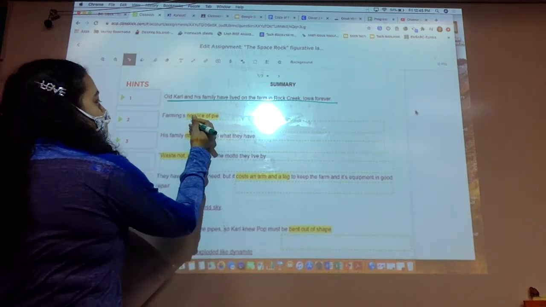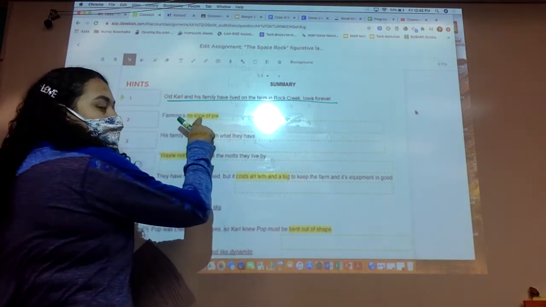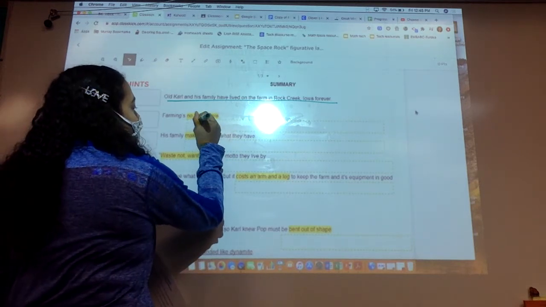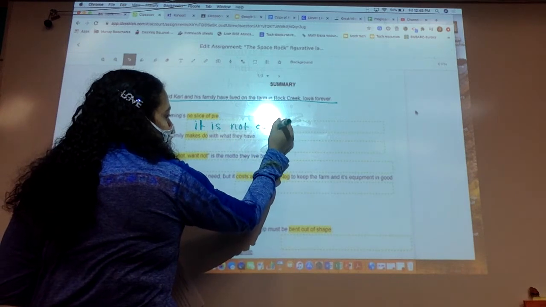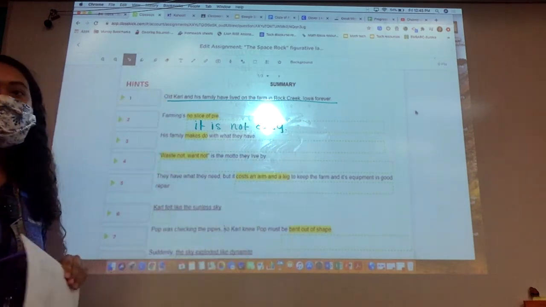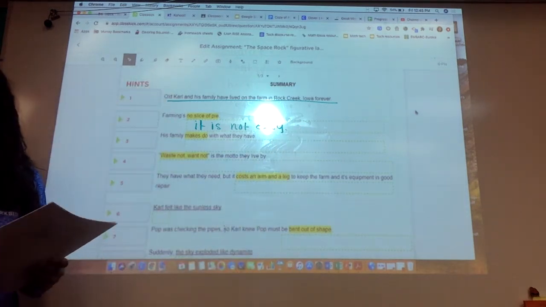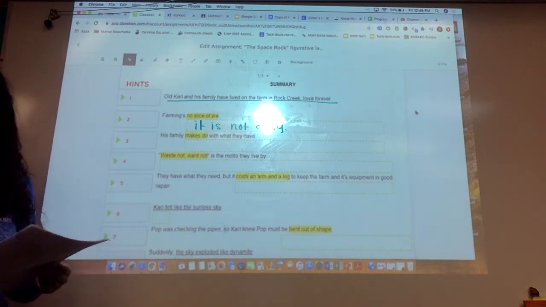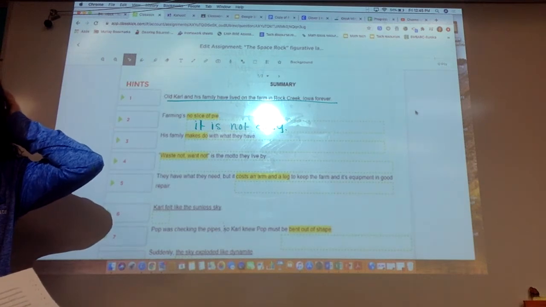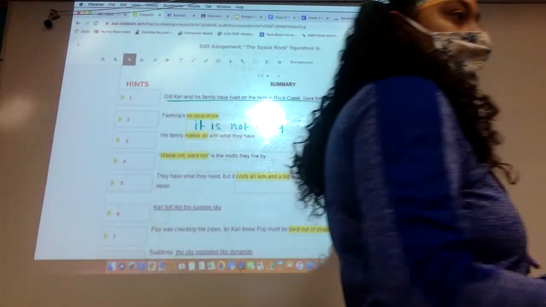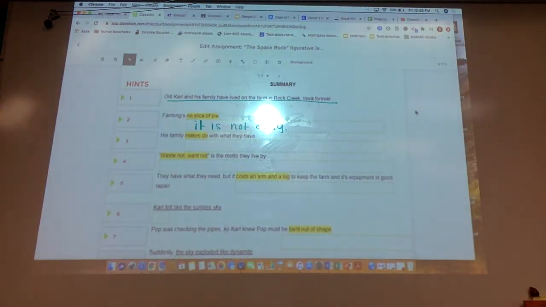It says no slice of pie. Okay, so it is not easy. Type it in. It is not easy. Start typing, please. Period. Okay, next idiom. What does that actually mean?